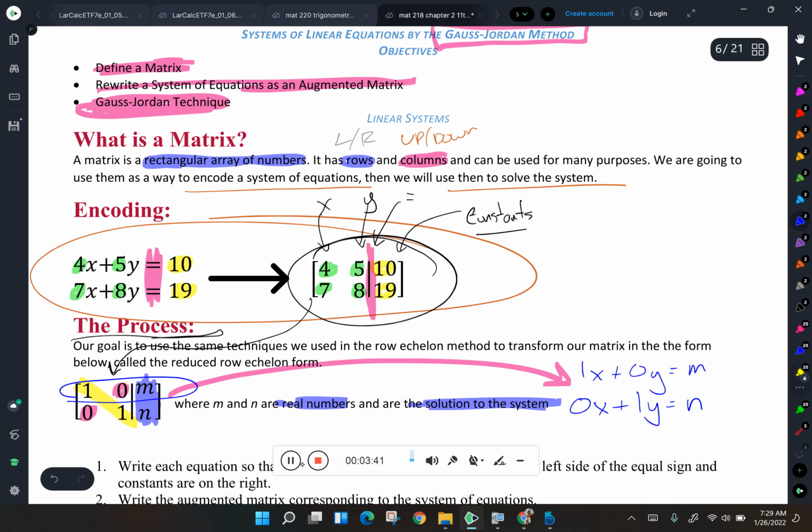But if we get rid of the things that we don't need to write, then that just turns into x equals m and y equals n. So we're going to use a matrix technique called the Gauss-Jordan method to make this happen.